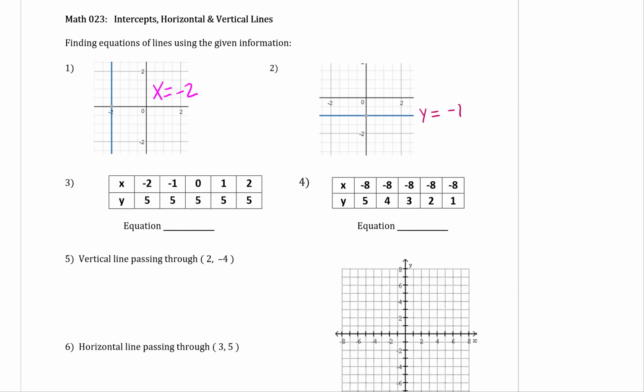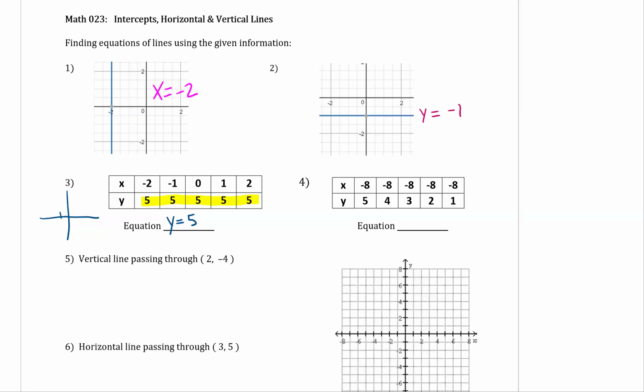We can also get equations of lines from a table. Well, if you notice this table, all the y values are the same. So the equation of this line would be y equals 5. And you don't have to take my word for it. You can make yourself a grid.